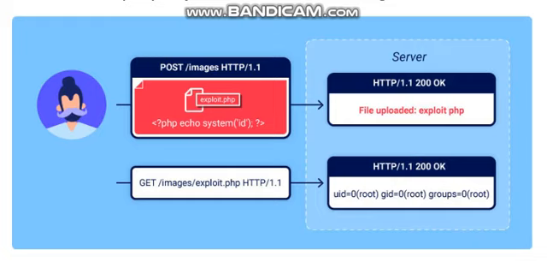How do web servers handle requests for static files? Before we look at how to exploit file upload vulnerabilities, it's important that you have a basic understanding of how servers handle requests for static files. Historically, websites consisted almost entirely of static files that would be served to users when requested.